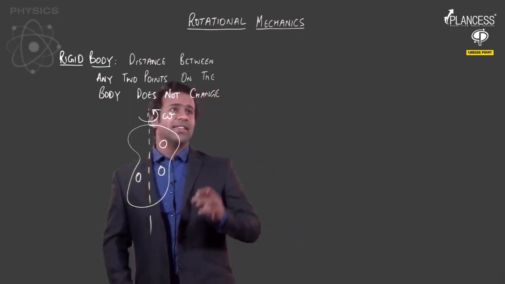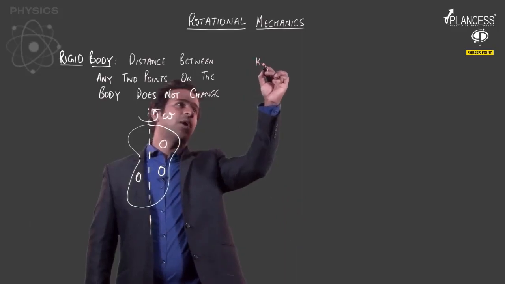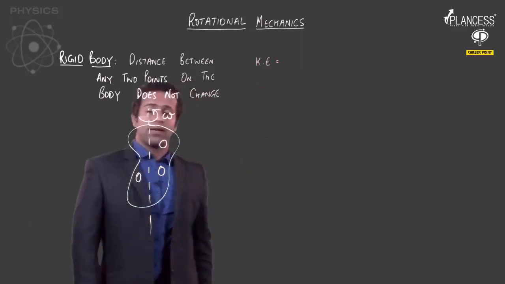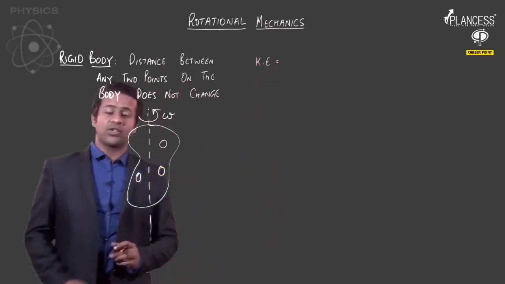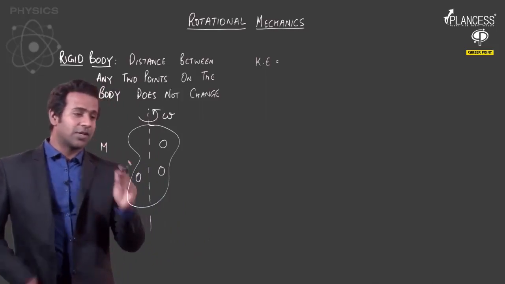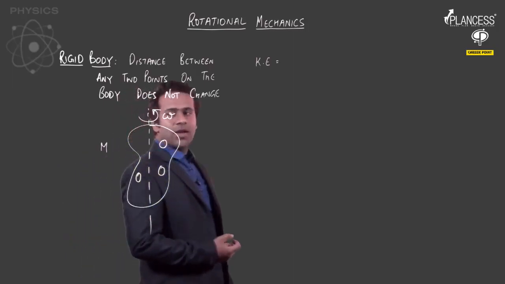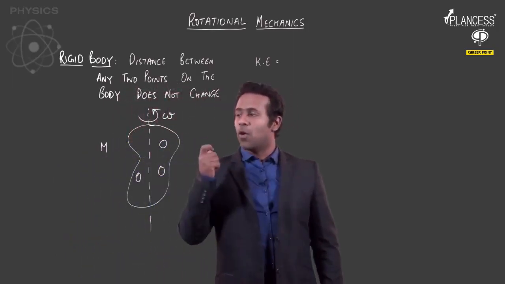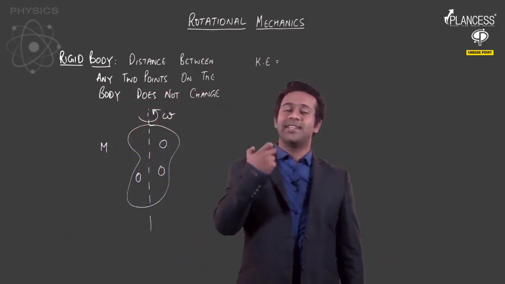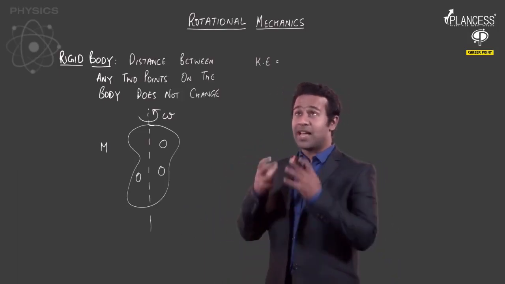We wish to find the kinetic energy of this body. So, given is the situation that there is a rigid body of mass m spinning about an axis with a constant angular speed omega, and we wish to find the kinetic energy.